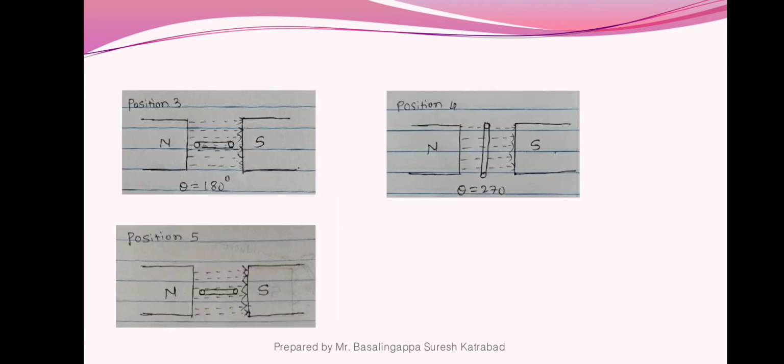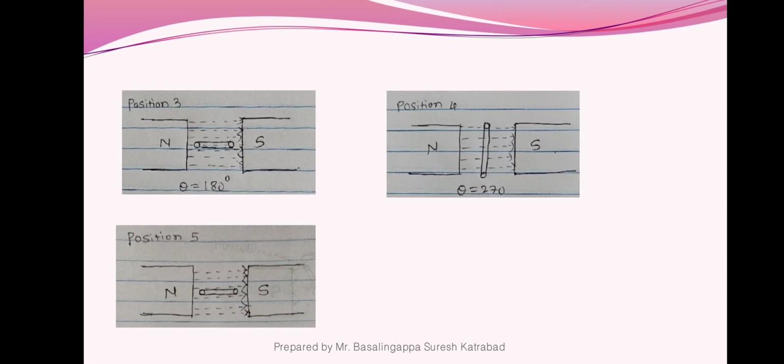In third position, again we are rotating the conductor 90 degree gradually. So again theta equal to 180 degree, magnetic flux and conductor are in parallel, so there is no flux cutting, hence induced EMF is 0. Again in position 4, we are rotating the conductor in a counterclockwise direction by 90 degree, that is theta equal to 270 degree.